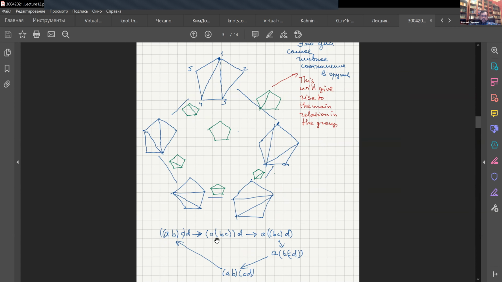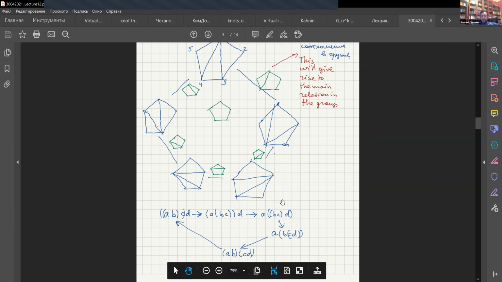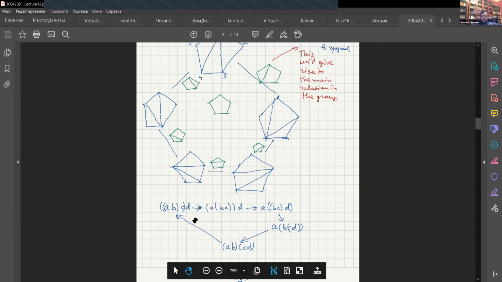And now I would like to say that those 5 triangulations correspond to possible ways of bracketing for 4 generators. So assume we want to take a product of 4 generators, say A, B, C, D, and assume our product is not associative. So this will mean that in order to take this product, I should put some brackets. And you see the number of ways of putting those brackets will be just 5.